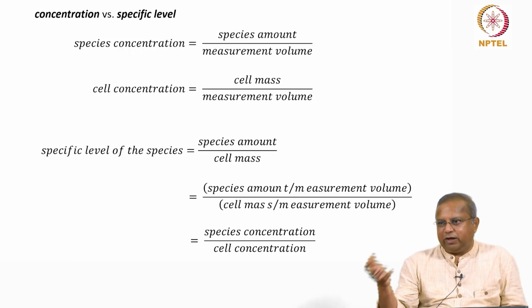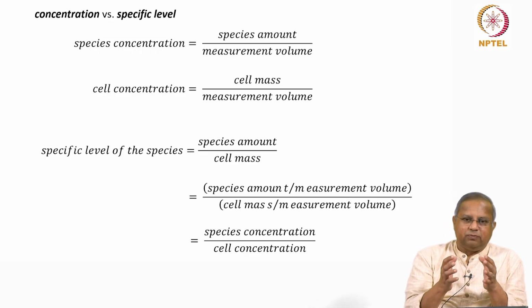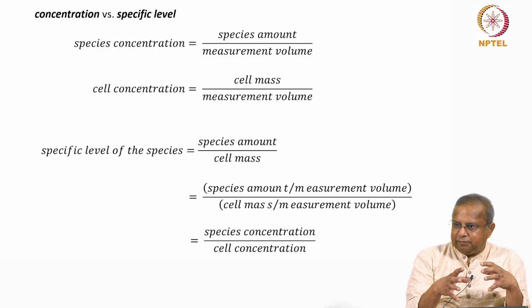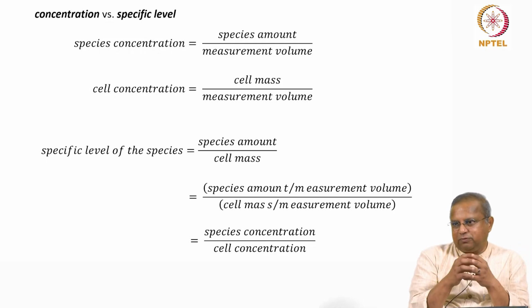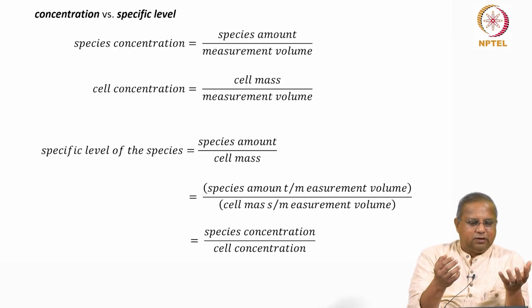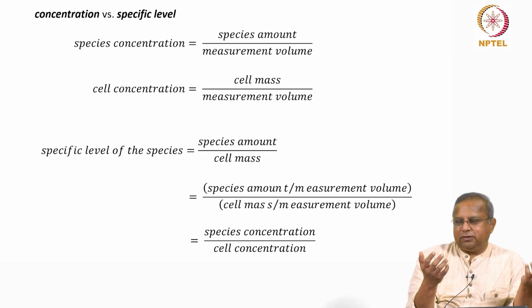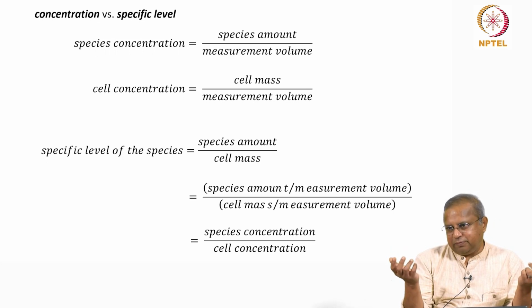If you have more reactive species per cell, the effects are going to be different, right? Your volume could be the same. Consider two situations: your volume is the same in your reactor or shake flask, whatever it is. In one, there are about 10 power 5 cells per ml, in the other there are about 10 power 7 cells per ml.